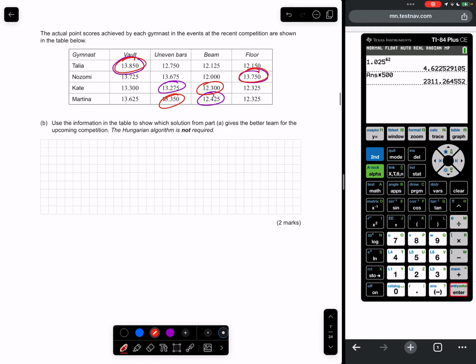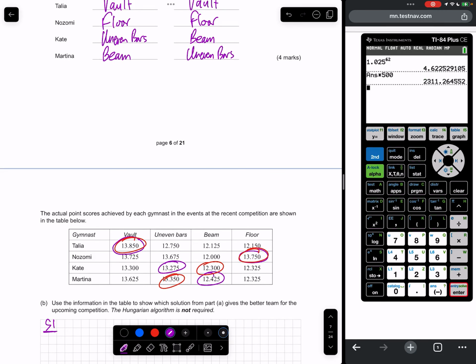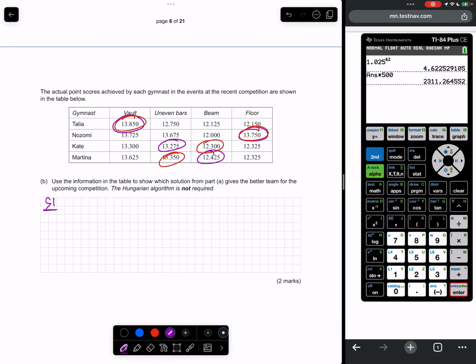So, solution 1. Solution 1 was 13.85 plus 13.275 plus 12.425 plus 13.750, 13.85 plus 13.275 plus 12.425 plus 13.75.